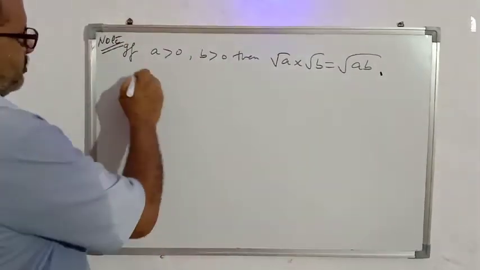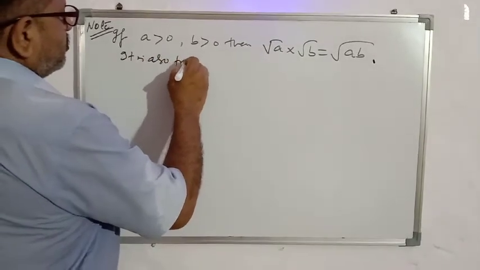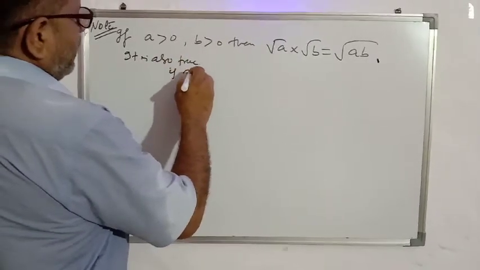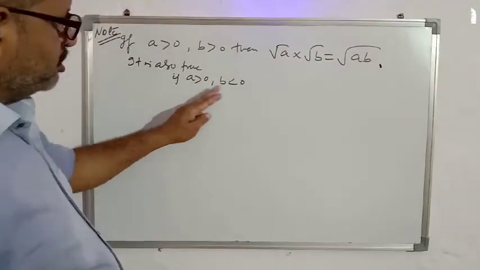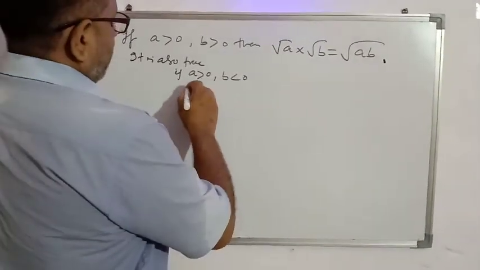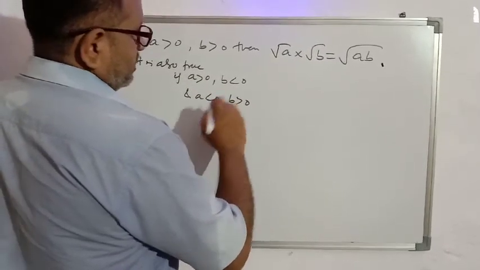It is also true if a greater than 0, b less than 0, means a is positive, b is negative, and a less than 0, b greater than 0.